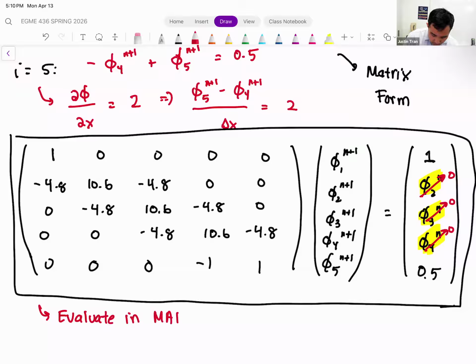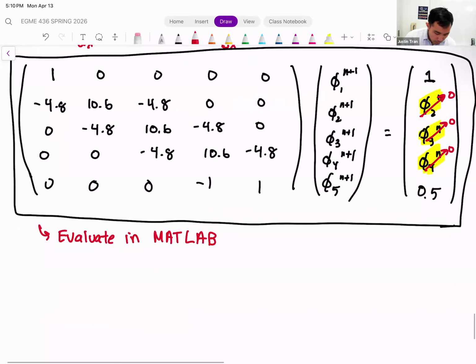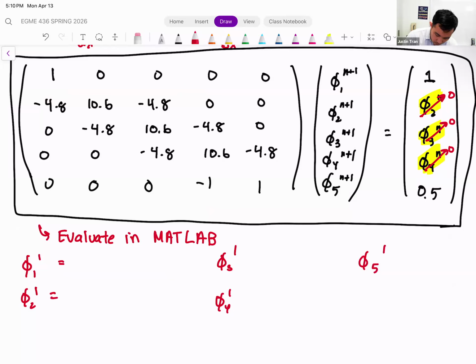If we solve this linear system in MATLAB, we plug in the matrix, we plug in that right-hand side vector, and we do our backslash, just like we did in the first half of the class. We end up with the following: phi1 at time step 1, phi2, phi3, phi4, and phi5 at time step 1.